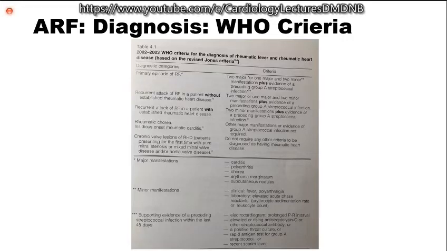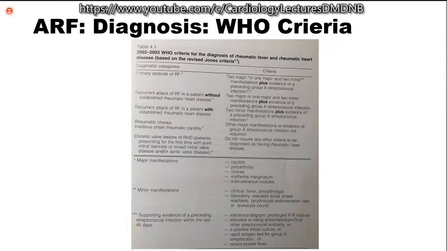You need not always think of major criteria, but even two minor manifestations like fever and arthralgia or monoarthralgia, or fever with raised ESR, in a patient who has established rheumatic heart disease may be enough to diagnose the recurrence of rheumatic fever.